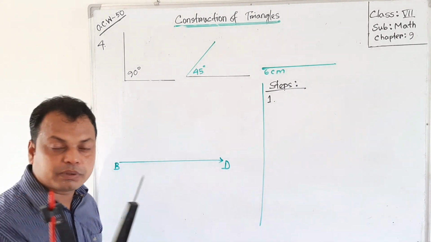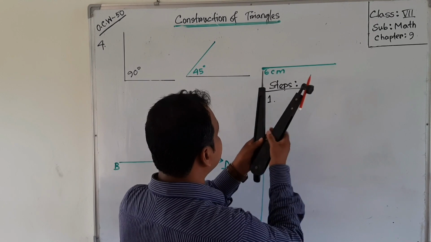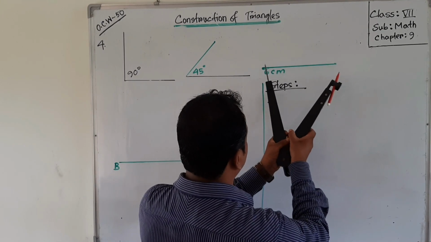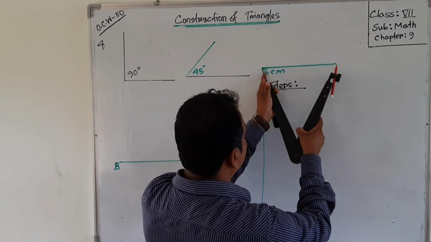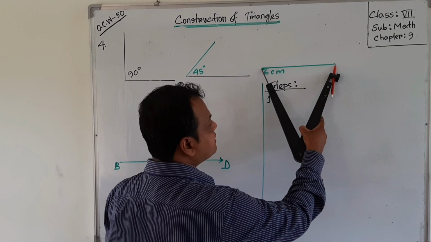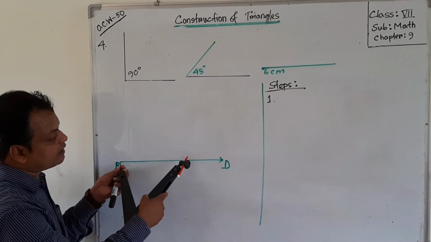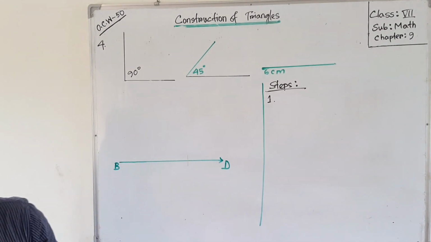Take the radius of 6 centimeters. Now with center B, we will cut this 6 centimeters. Got it?